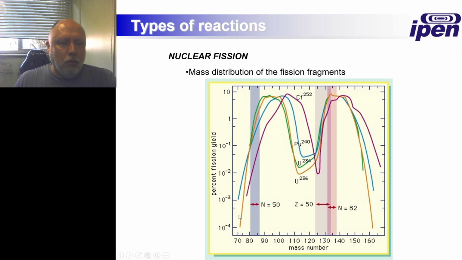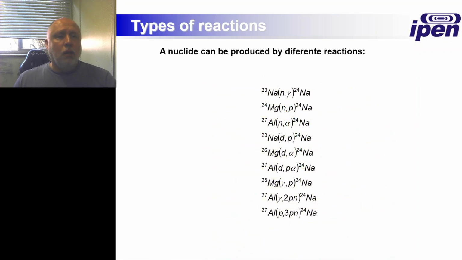And you see, depending on which nucleus is being fissioned, you change the fragments a bit. Something that's important: you may produce the same nucleus by several different reactions, depending on the target and depending also on what you have.